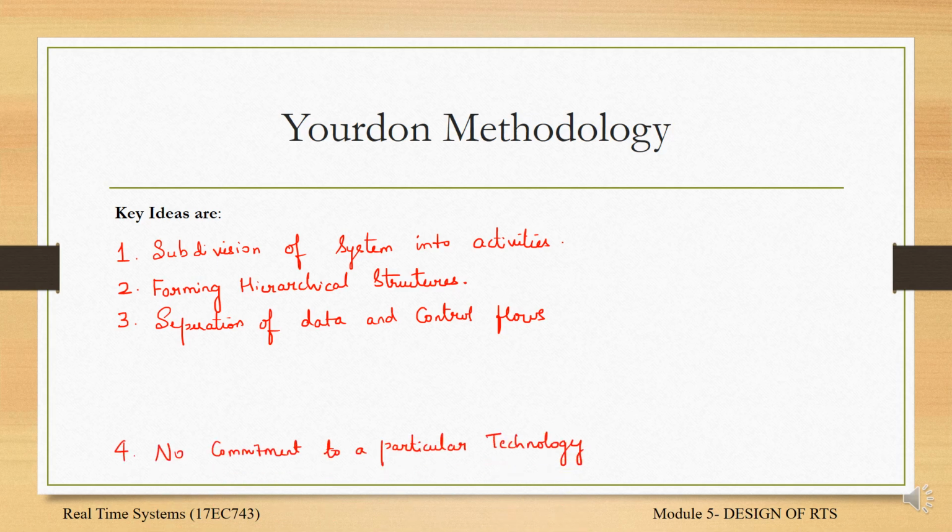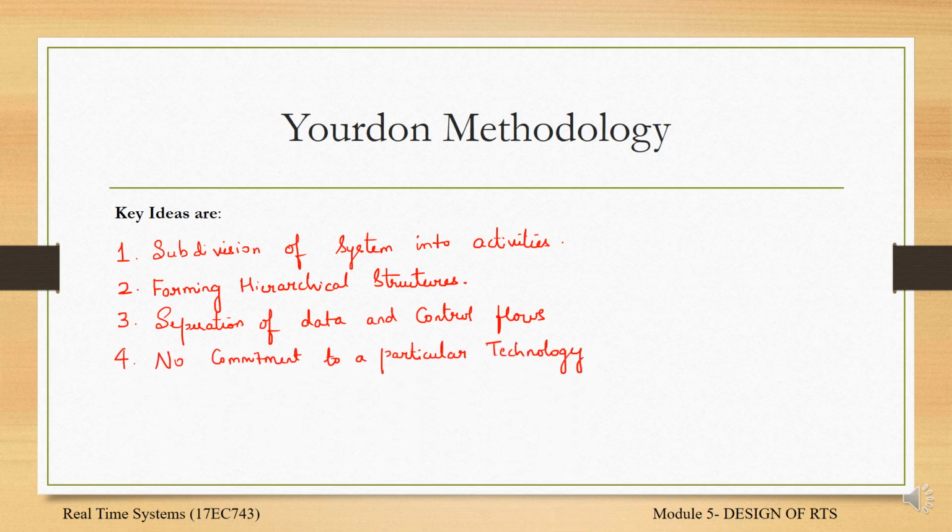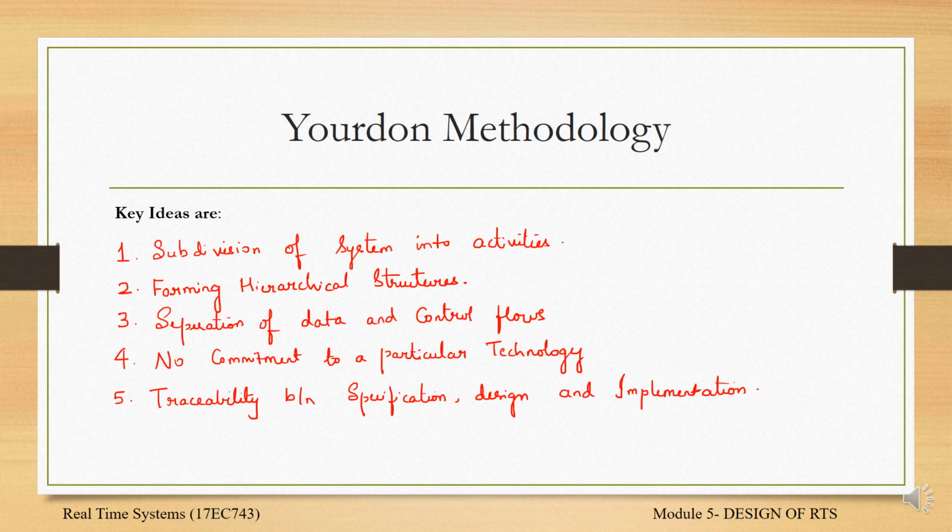There is no commitment to a particular technology in case of Yourdon methodology, and the traceability between the specification, design and implementation is also one of the key ideas of the Yourdon method.